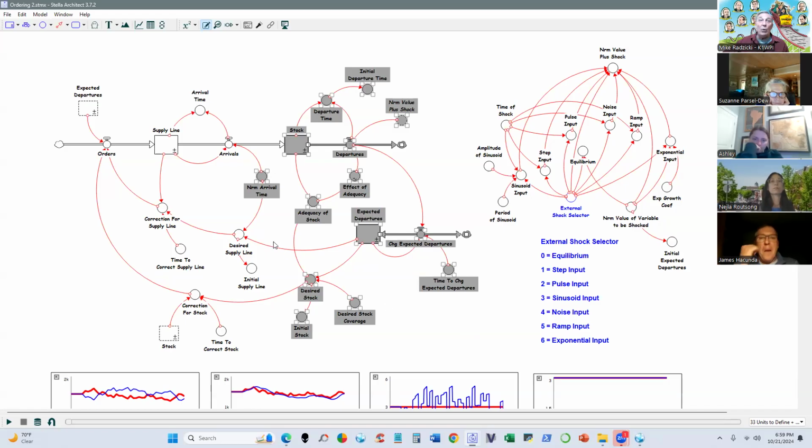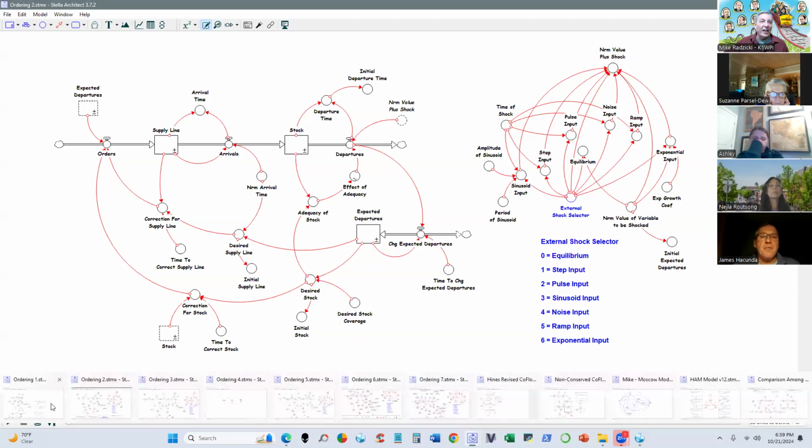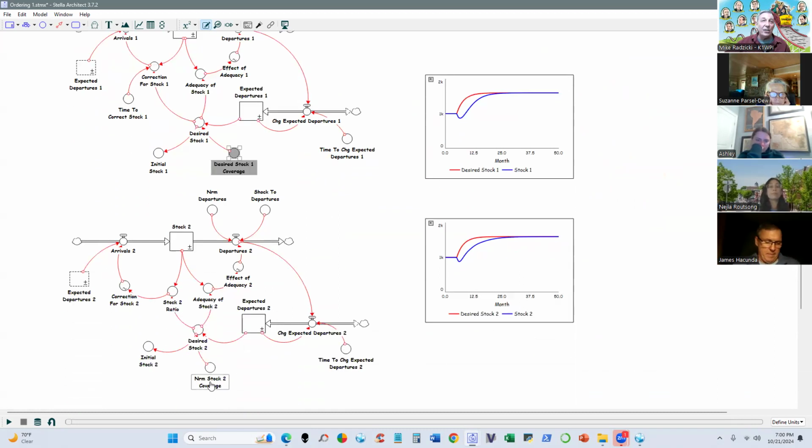Now it gets a little more tricky. So we have the correction for the stock, which I should have added. That's the same as well. There's your correction for the stock, and here's your stock coverage. What did I say? Normal. Now I said desired. Sorry, I switched that terminology. I was trying to keep these things the same, but every time you try to do that, you have to go back and change everything.